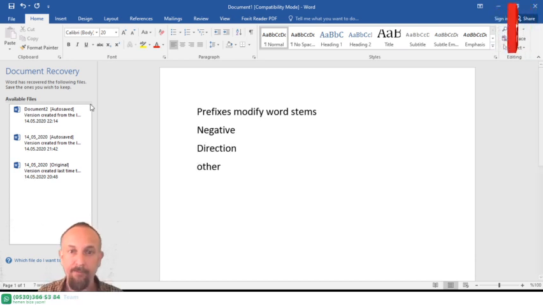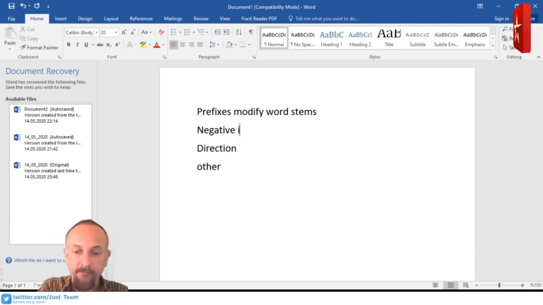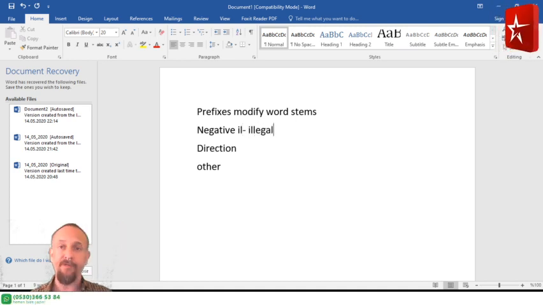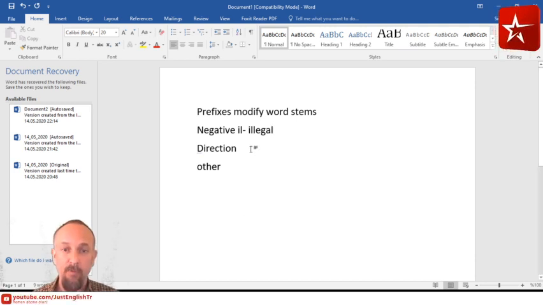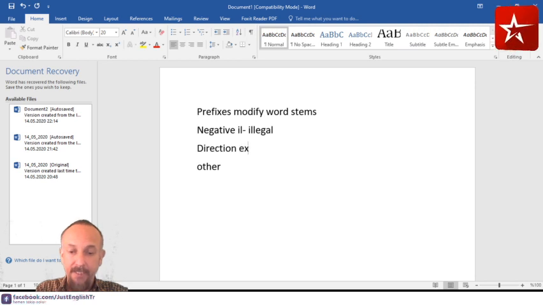Just to give you an example of a negative meaning, we had il from last week, such as illegal. I'm not going to go over all of the prefixes because we've done them extensively over the last few weeks. One for direction would be maybe ex, meaning out of. Another one that we'll be seeing today.